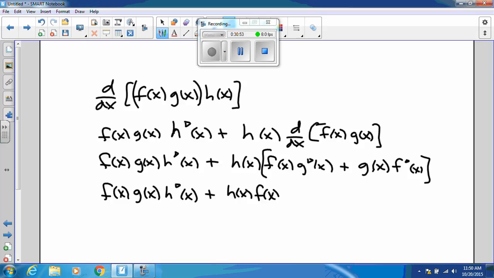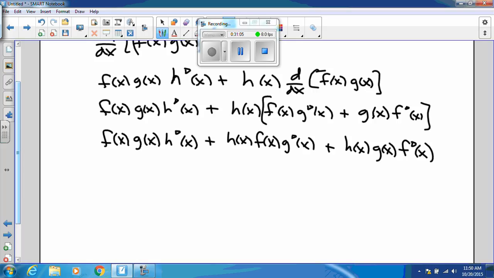And that gets me hfg prime and hg f prime. Now, this doesn't look so wonderful, but let me rearrange the terms here, 1, 2, 3, and write them in order. And watch what wonderful thing happens.